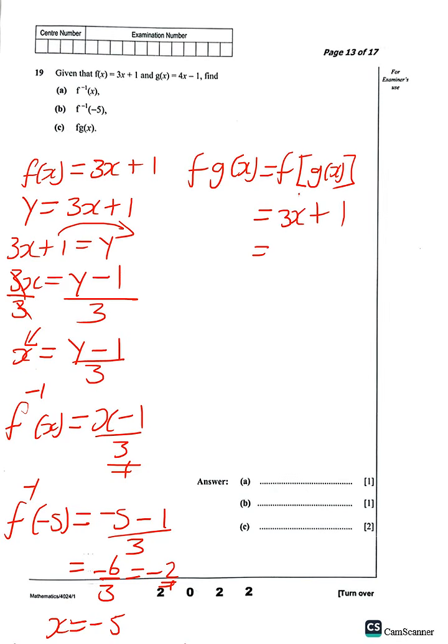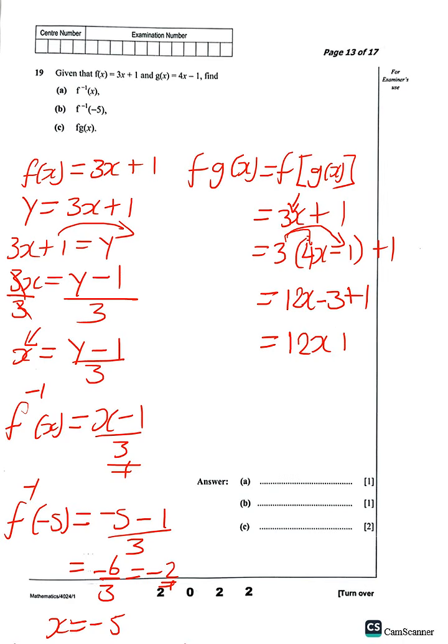So now where there is x here, we are going to substitute with the function for g. So this will be 3, then 4x minus 1 plus 1. So 3 times 4x is 12x. 3 times negative 1 is negative 3 plus 1. So our final answer is negative 3 plus 1 is negative 2.